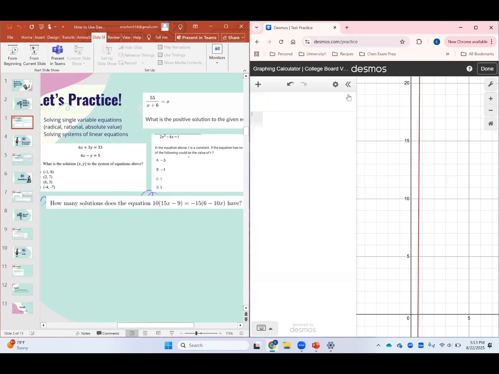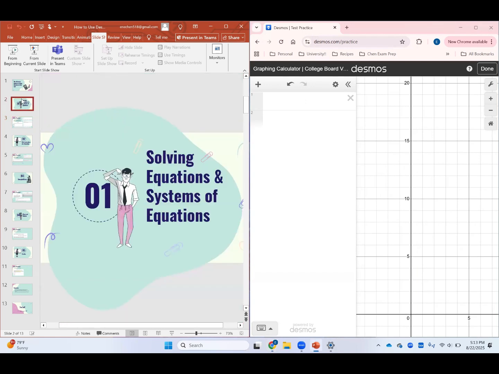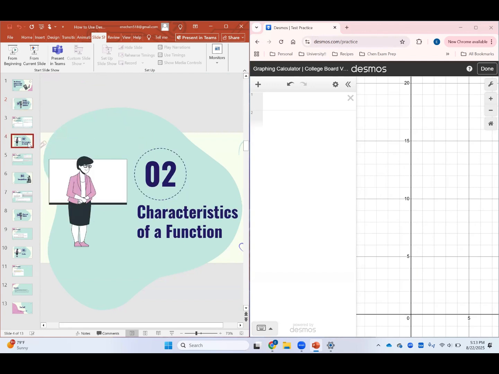Okay? So that was a little summary of the first part of this lesson, the solving equations and systems of equations. Now we're going to move on to section number 2, where we talk about characteristics of a function, and specifically, mostly the quadratic function.